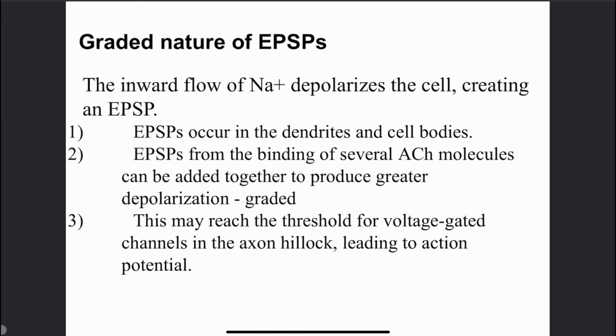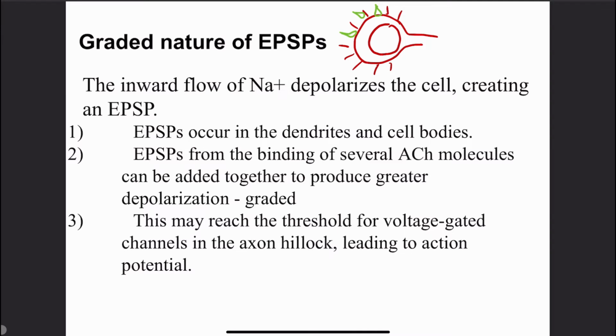So we say that EPSPs and IPSPs are graded, and what that means is that they actually don't occur in our axon. They occur, as the images showed you before, in the dendrites and the cell body of our postsynaptic neuron.